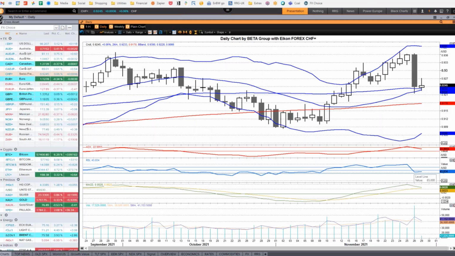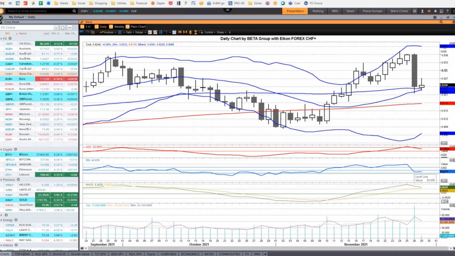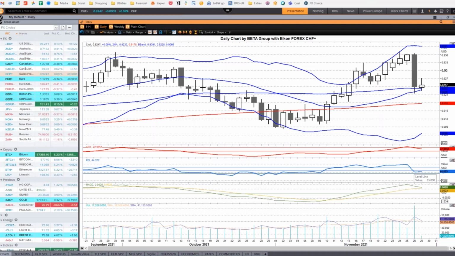I think that it can ease back a bit more. The dollar can ease back a bit more here, but it's looking like it's stabilizing, like other things, digesting the news. Maybe overreacted a little bit on Friday, and maybe regretting that a little bit.